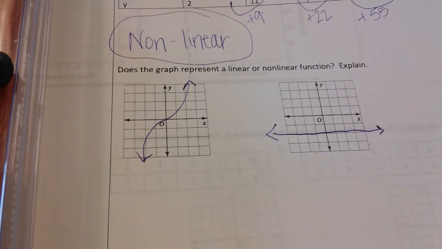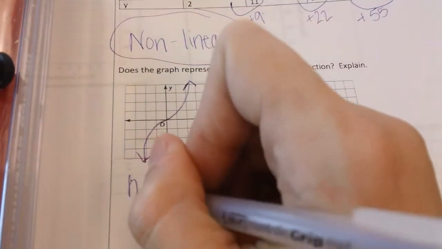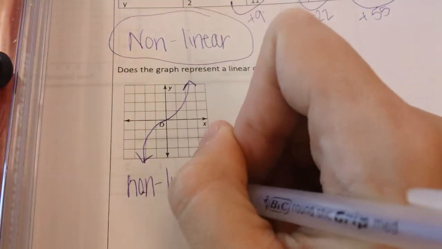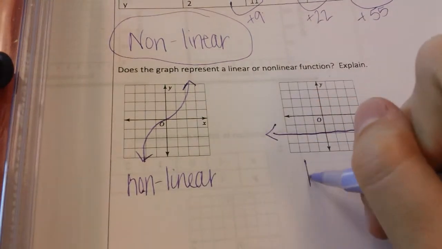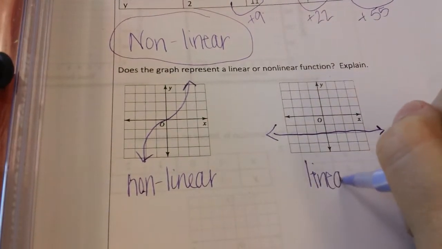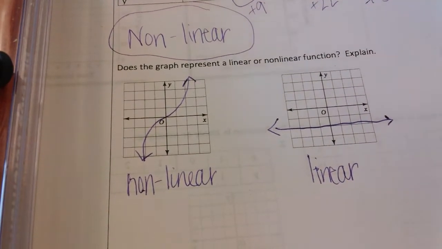And when they're in a graph form, it's really easy to see whether they're linear or non-linear. This is a curved line, so it's non-linear. And this is a straight line, so it's linear. So nothing too crazy there.